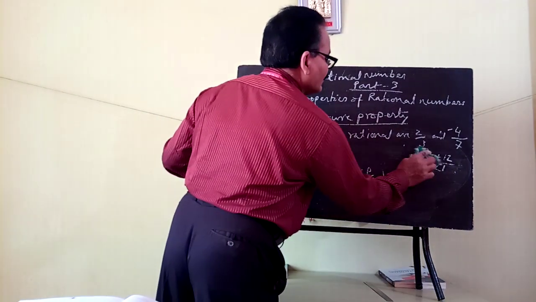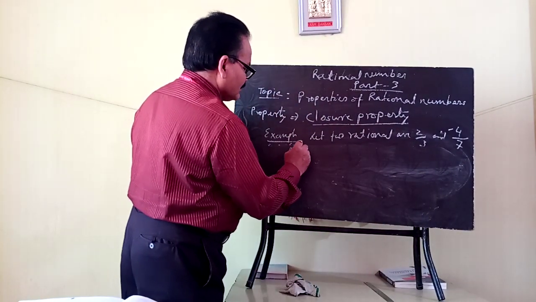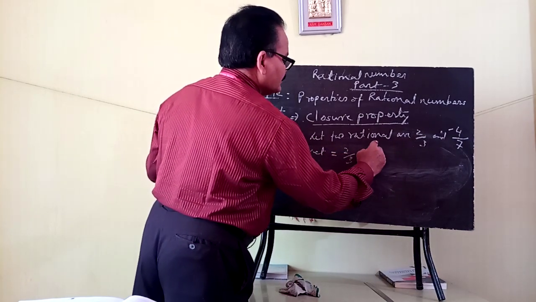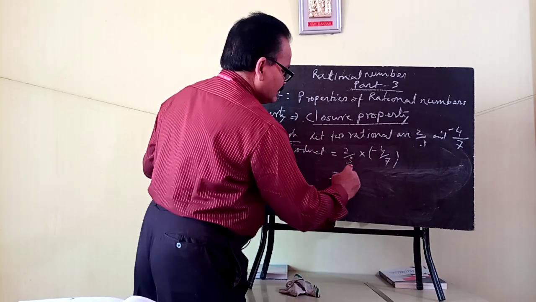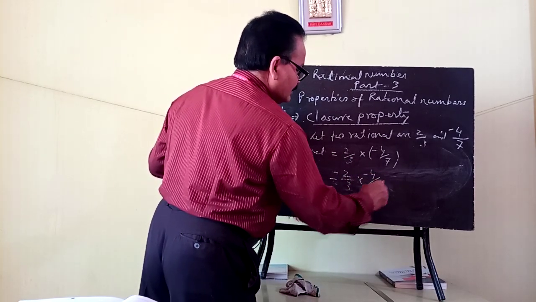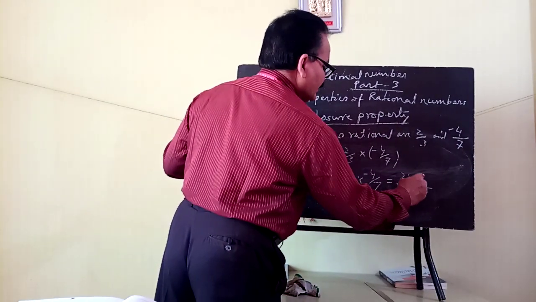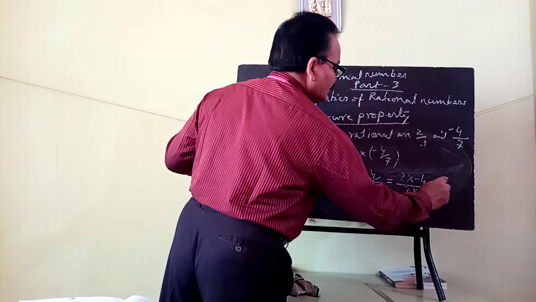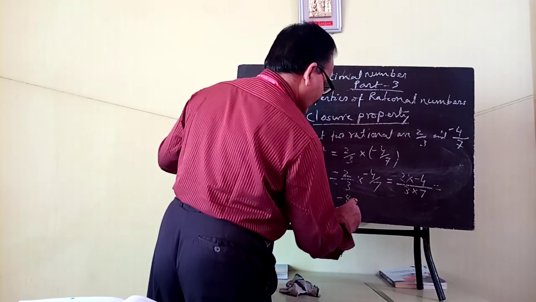Another example for product. Similarly, for the product of these two rationals, 2 by 3 cross minus 4 by 7, what will happen? You just open the bracket. Now the numerator is to be multiplied with the numerator, so 2 into minus 4 and 3 into 7, that means the final answer is minus 8 by 21.